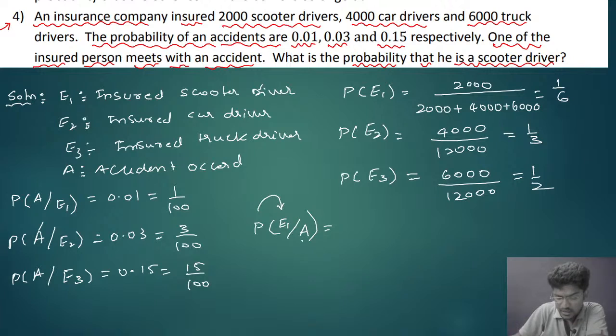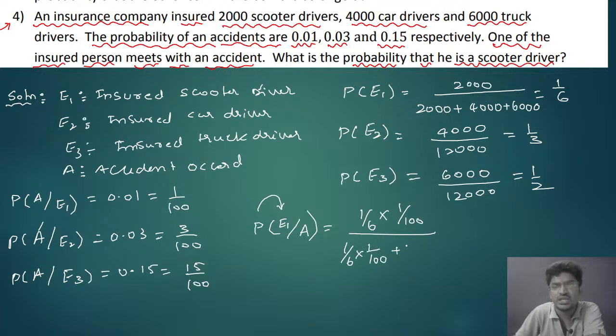Now probability of E1 given A, we shall write the favorable cases. It is probability of E1, that is 1 by 6, multiplied with probability of A given E1, 1 by 100, divided by three cases: 1 by 6 into 1 by 100, plus 1 by 3 into 3 by 100, plus 1 by 2 into 15 by 100.